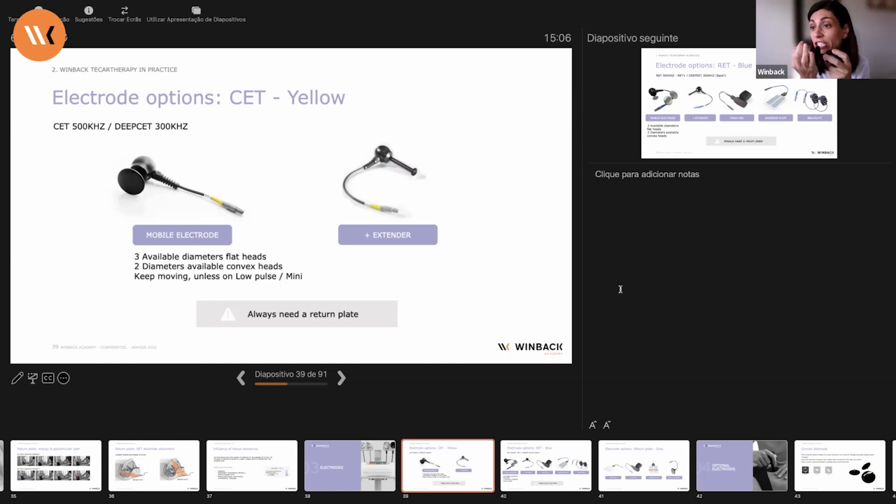And the electrode is smaller and it's a little convex, because on the pelvic area we have all the irregularities of the anatomy, and like that we can ensure the full touch of the electrode, and that it's more comfortable for the lady, okay, to feel.